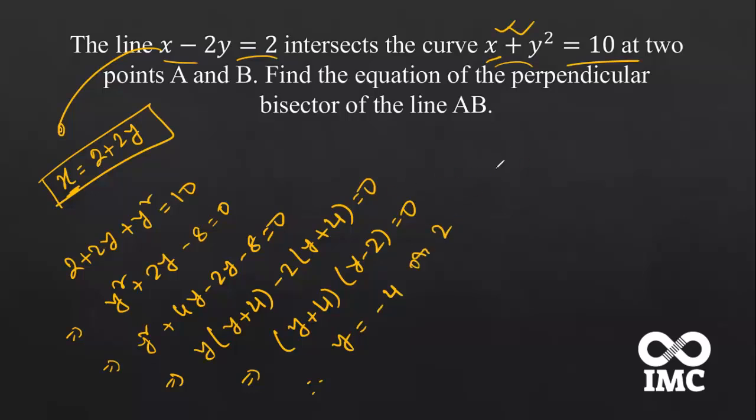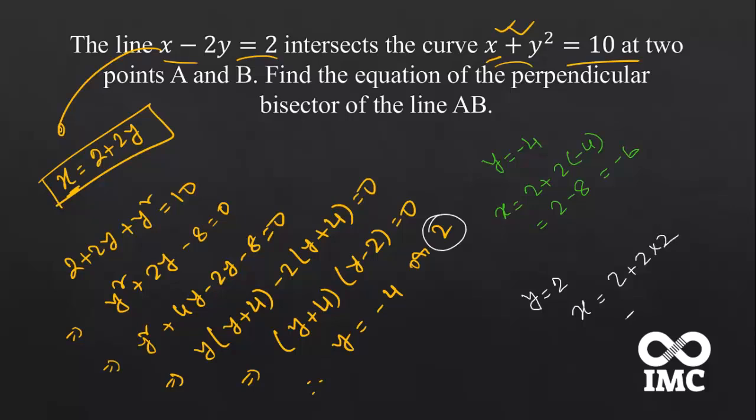Now we can find the value of x by using the value of y. If y equals minus 4, then x will be 2 plus, instead of y, minus 4 times 2, so 2 minus 8, that will be minus 6. If y equals 2, then x equals 2 plus 2 into 2, that means x equals 6.